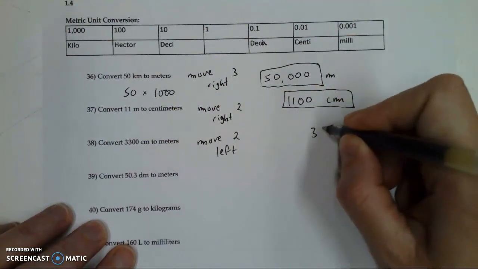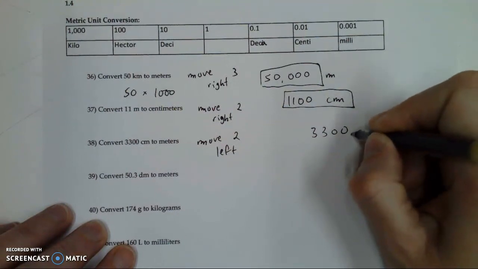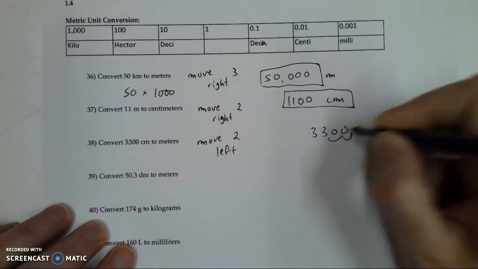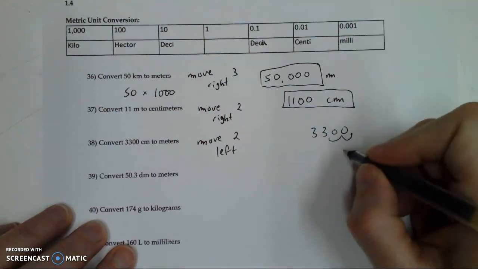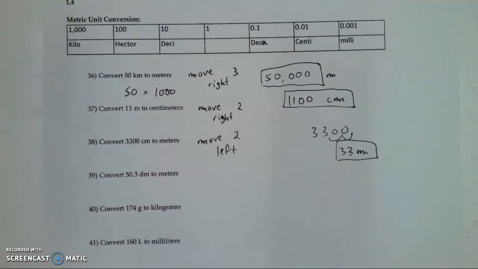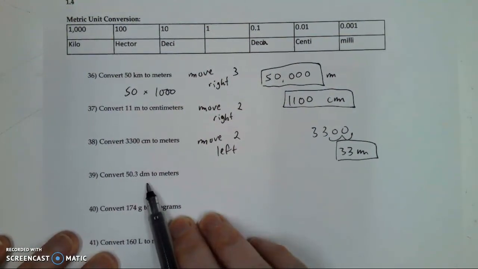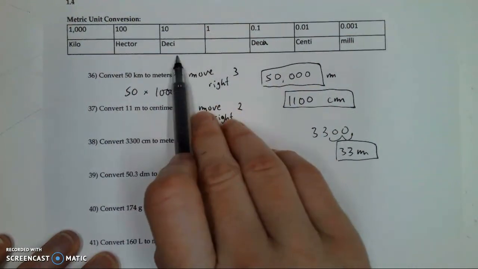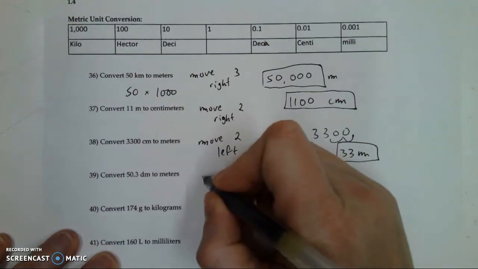So I've got 3300. Here's where my decimal is. I'm moving 2 to the left, so I'm going to get 33 meters. I've got a smaller number. Here I've got decimeters, dm. So here I'm going to move 1 to the left.